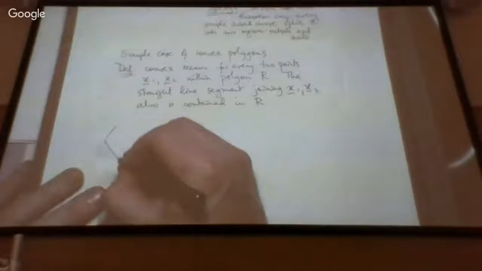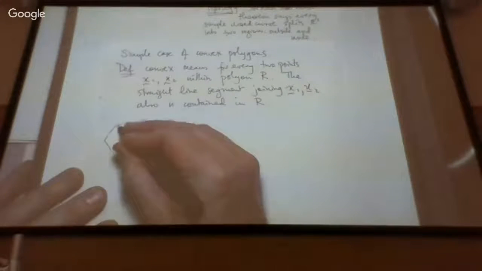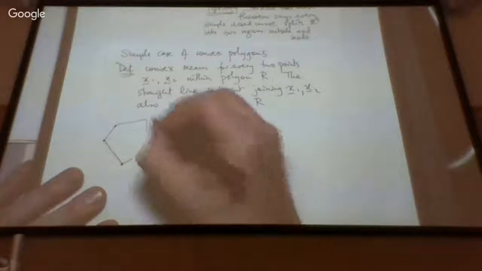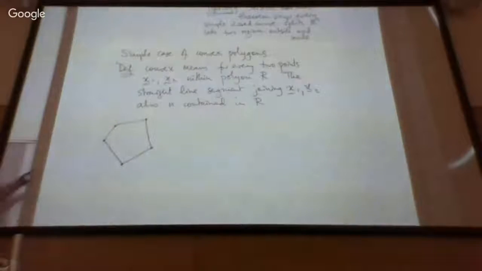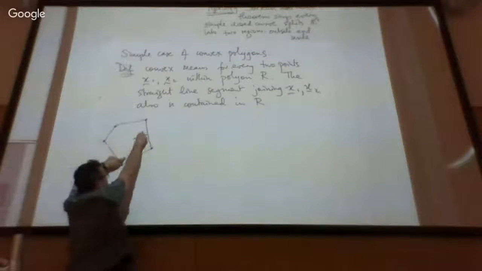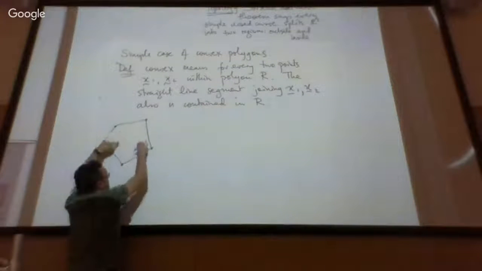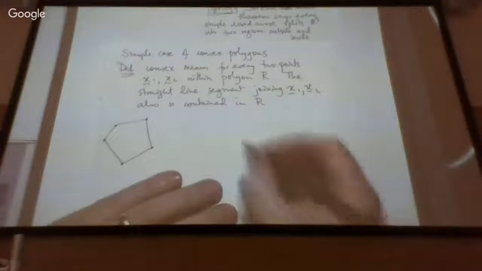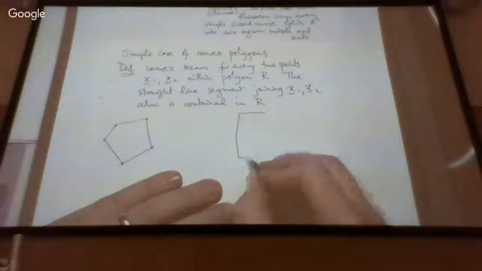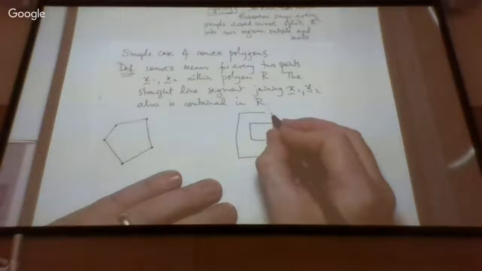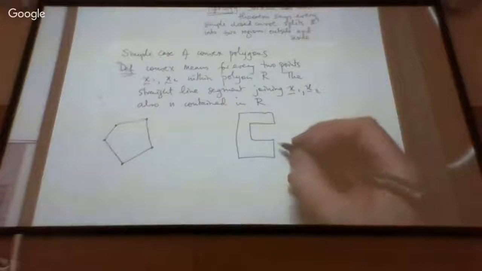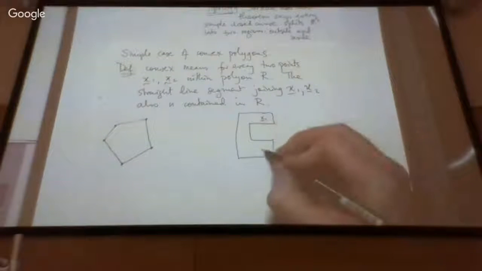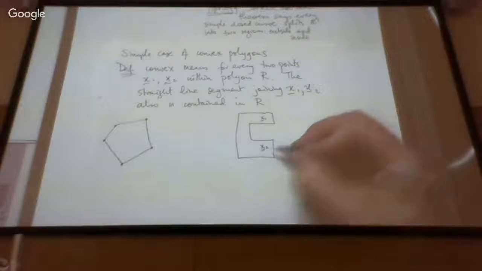So this kind of region is convex. Think of any two points within this region, any two points inside this polygon. The straight line between them is always also included in the polygon. Whereas this kind of polygon is not convex. This isn't convex because I can choose a point x1 up here and a point x2 down here.